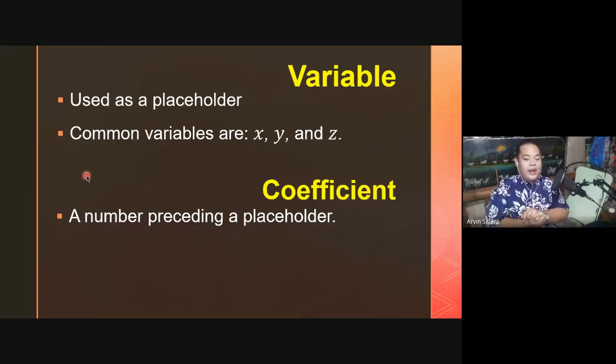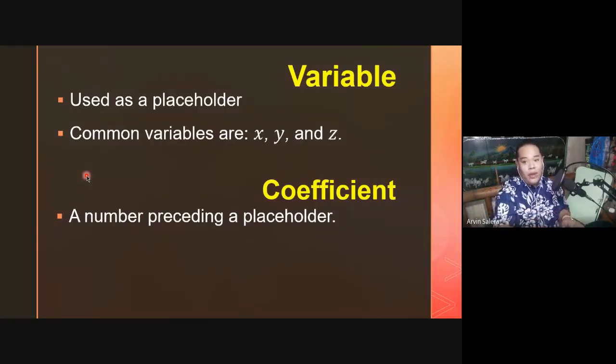Whenever there is no coefficient found before a variable, the coefficient is automatically 1. Example, x plus y equals z. So x has no number before it, therefore the coefficient is automatically 1.